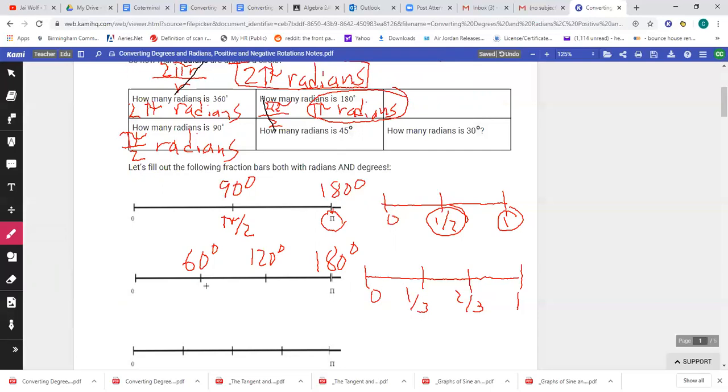If I divide pi by 3, I get pi over 3. So 60 degrees and pi over 3 are the same thing. And then if this is 1/3, this would be 2/3 here. But now we're just going to include the pi. So it's 2 pi over 3.